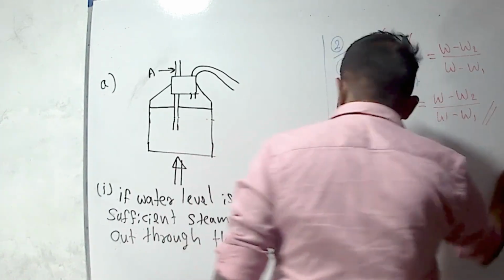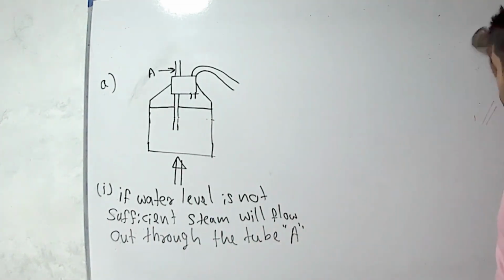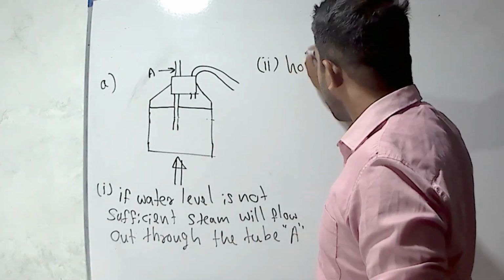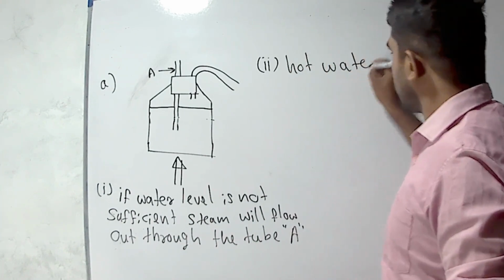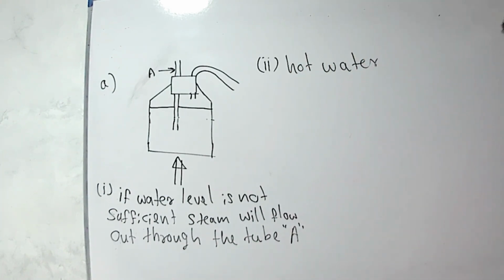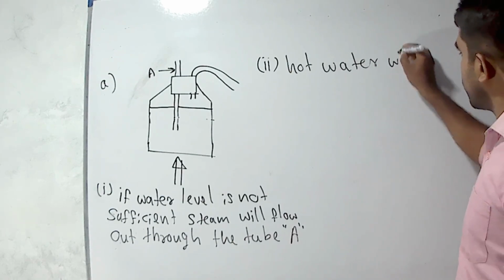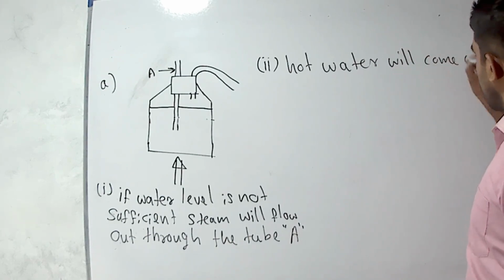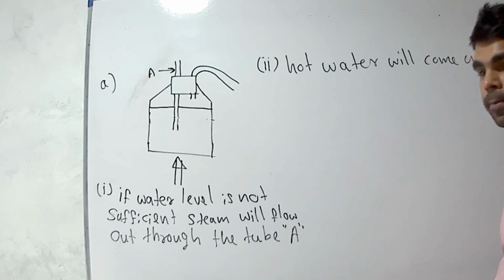Then we can write the answer for part 2: hot water will come out through the tube A.